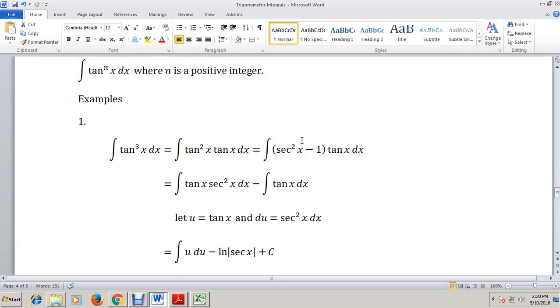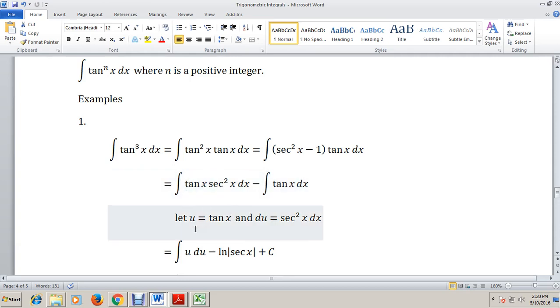Of course, we already have a solution for the integral of tangent x dx. This is one of the basic formulas that was presented above. So the integral of tangent x dx gives us negative ln of secant x then plus c. Now what is left here for the first part is simply the integral of tangent x secant square x dx.